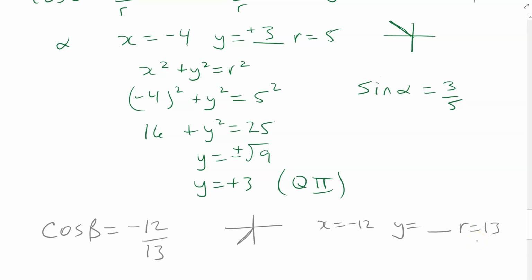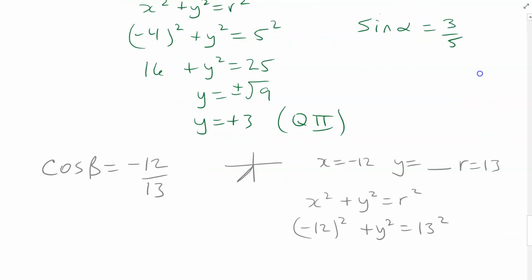So you may know the 3 squared plus 4 squared equals 5 squared Pythagorean triple. So here's another triple that you get often. This is the 5, 12, 13. So let's try it out. X squared plus y squared equals r squared. So it's going to be -12 all squared plus y squared equals 13 squared. -12 squared is 144, plus y squared, 13 squared is 169.